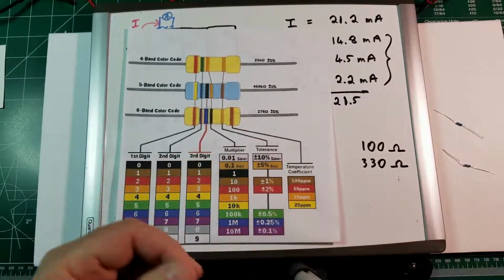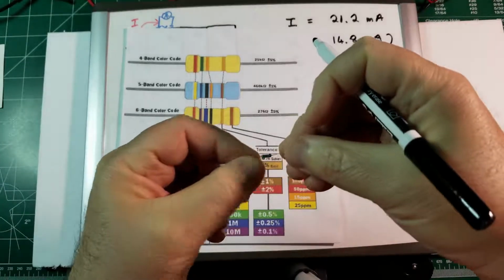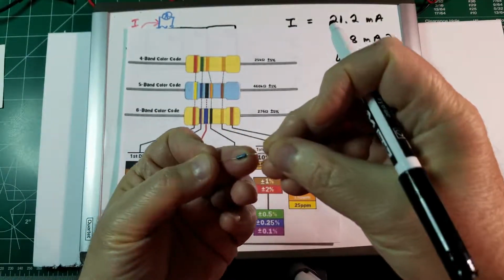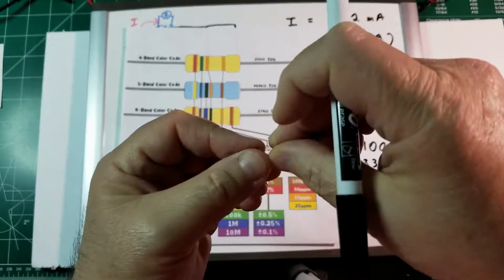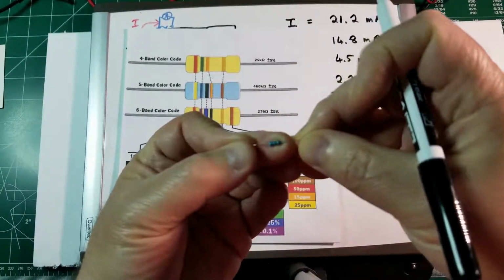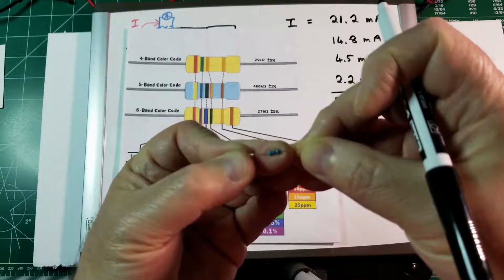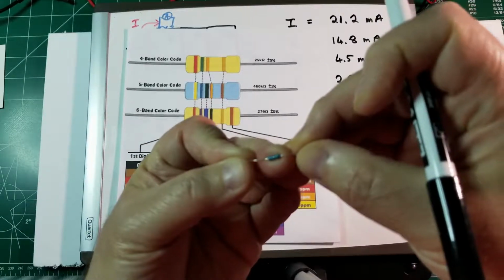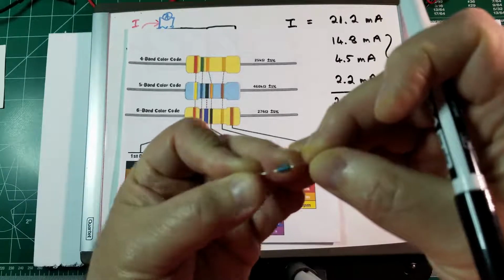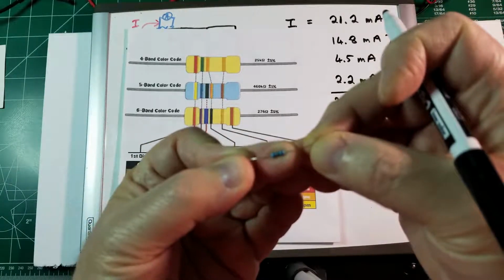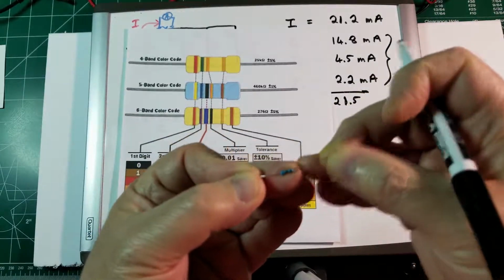Let's take a look at the last one. So this one, the other way, we have a blue, then we have a gray, and then a black, and another black.